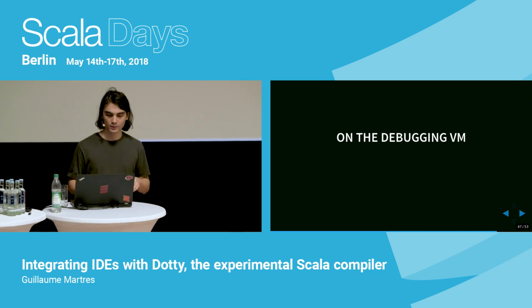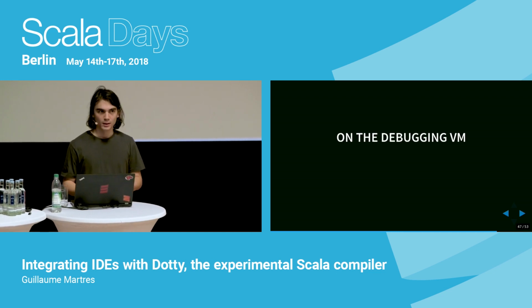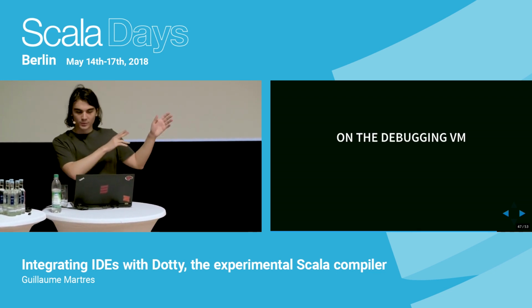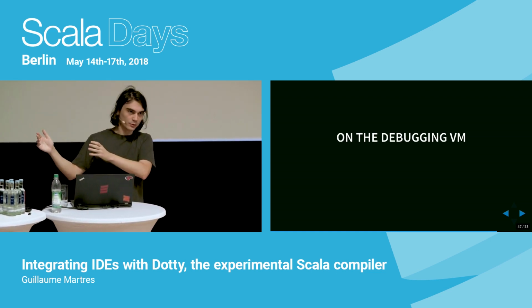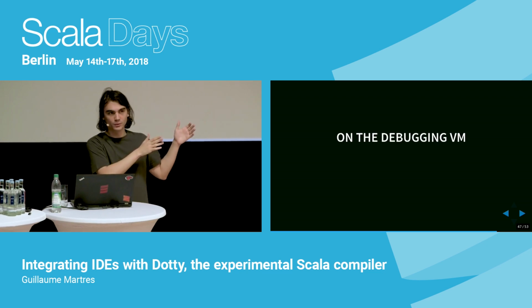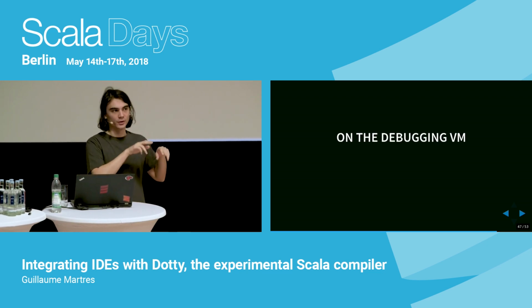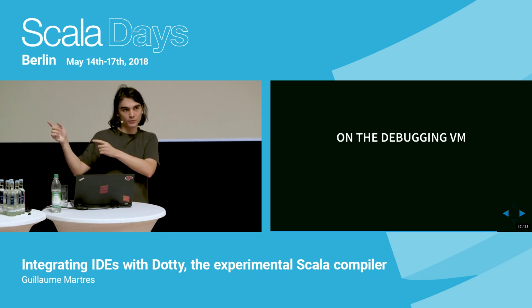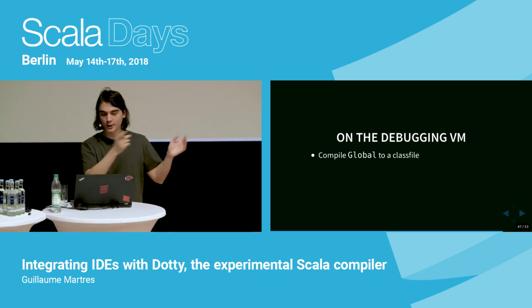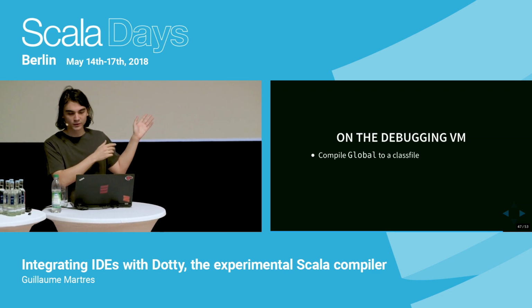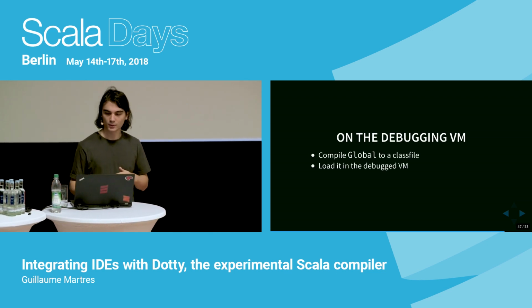Alright, so now the debugging VM. There are two VMs here. There's the debugged VM, which is the one running your program, and the debugging VM, which is the one where you type the expression that you want to evaluate and send to the VM, which is currently stopped at your breakpoint. So on the debugging VM, we can run the compiler, we can compile global to some class file, and then we can load it in the debugged VM.